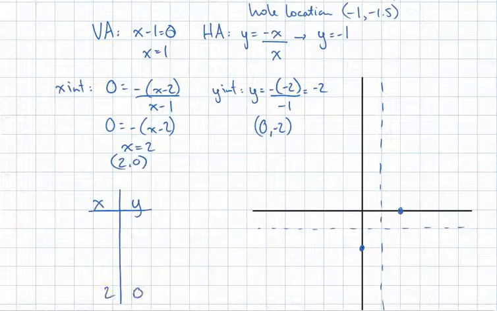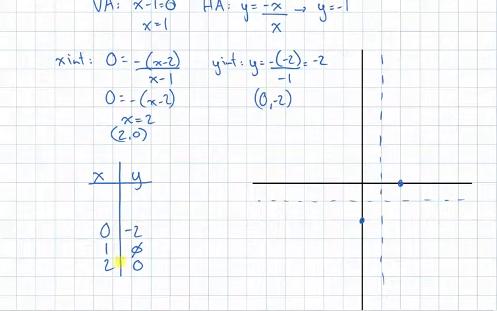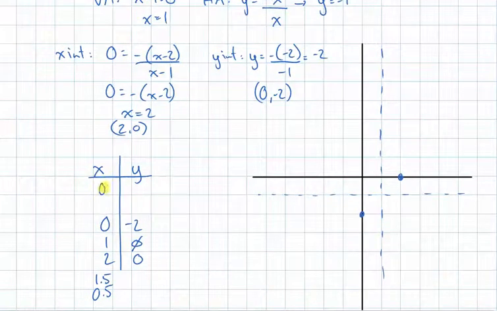Now if I make a table of values to find a few other values, let me see, I've got 2 comma 0, I've got 0 comma negative 2, I have a vertical asymptote at 1. What else might I want to know? I might want to know about 1.5 and 0.5 perhaps. Maybe I'll plot those up here. 0.5 and 1.5. Those are values to the left and the right of the vertical asymptote.